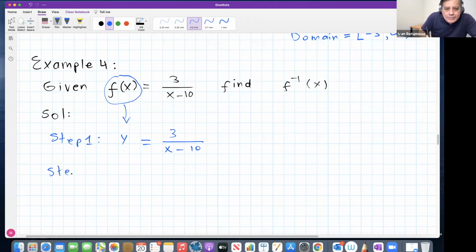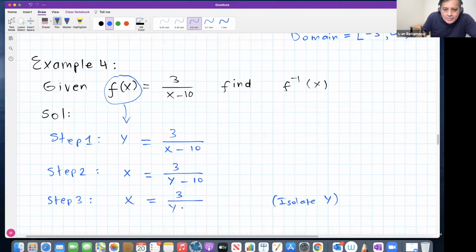Step two says, switch the variables. Where you see y, write x instead. Where you encounter x, write y instead, right? Step 3, the longest step, isolate y. Get y by itself, right? So for that, we are going to follow some algebraic tricks here.